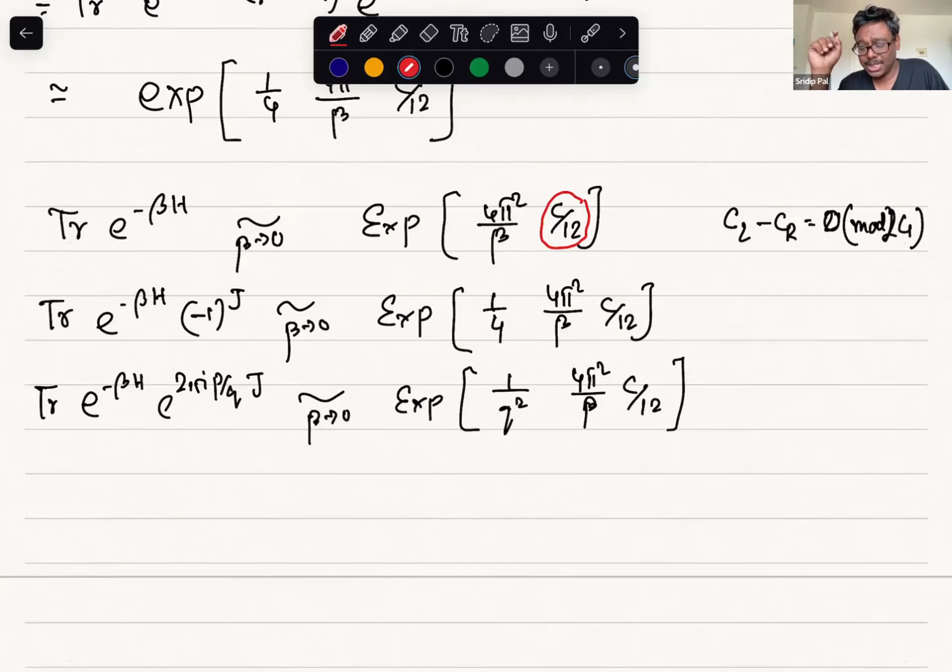And once you know the central charge, you can immediately predict these two quantities. So you do not need to know anything else. Knowing this first line helps you derive the second line and the third line, without any extra data.